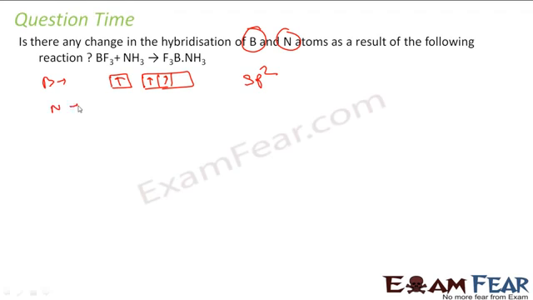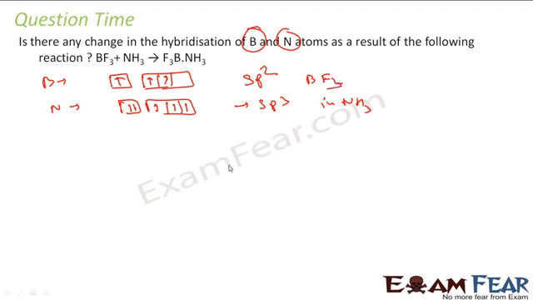When we talk about nitrogen, it is in this shape, right? All these 3 are filled, so it goes for sp3 hybridization, nitrogen generally in NH3, and BF3 goes for sp2 hybridization.